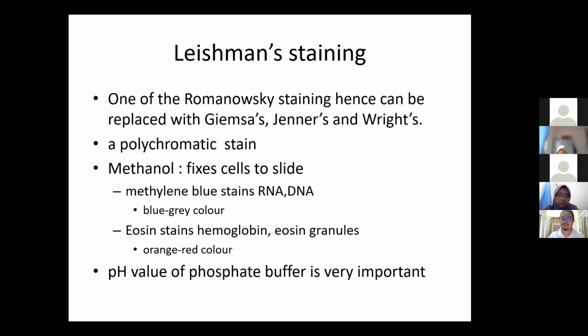There are also others. Actually in hematology kita pakai juga yang lain ni, Giemsa, Jenner, Wright, boleh juga pakai, tak ada masalah. In our lab, I think we will use Leishman for our practical. So I'm going to talk a little bit about Leishman staining here. You can read more on the Romanowski staining if you want. When I was at my degree level, all these stains I learned under histology and cytology subjects.